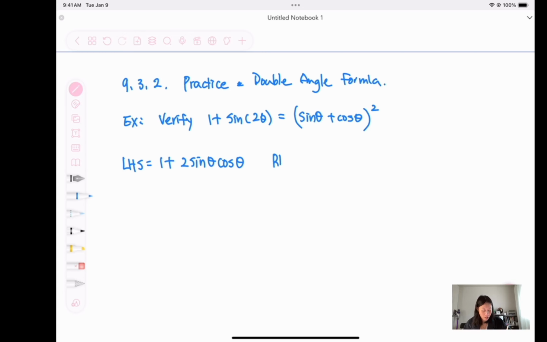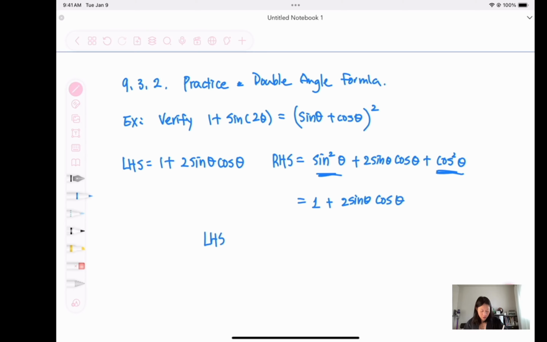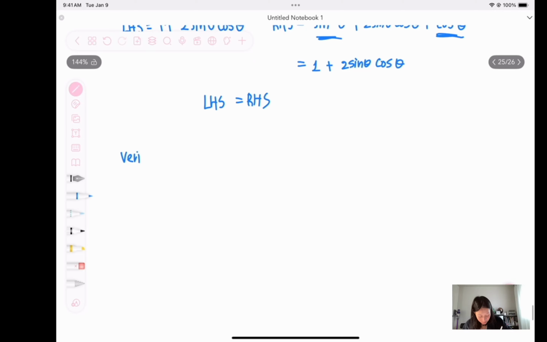And then from the right-hand side, when we simplify, I have sine squared plus 2 times sine theta cosine theta, plus cosine squared. Well, the sum of these two is equal to 1. Now we have left-hand side equals the right-hand side. We're done. Easy, right?